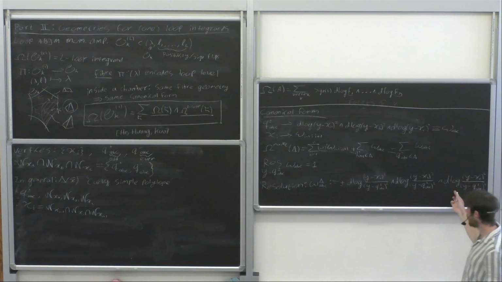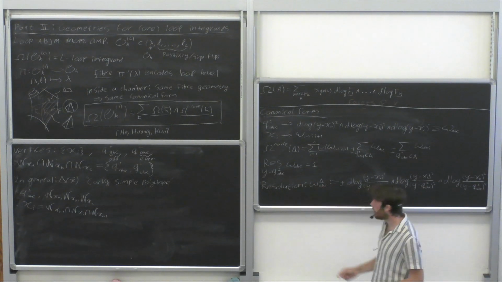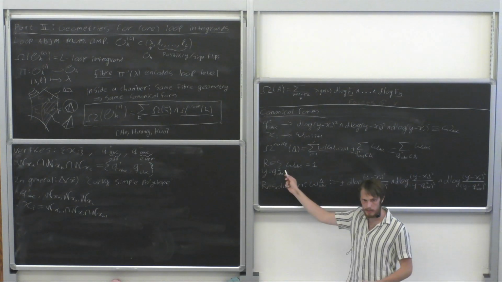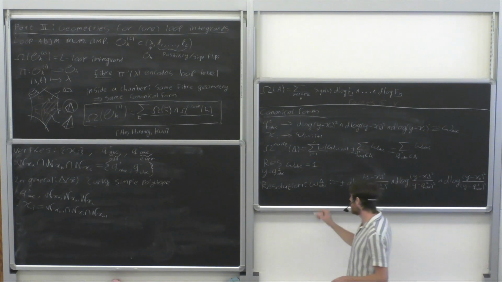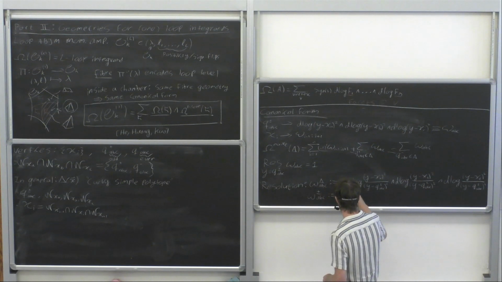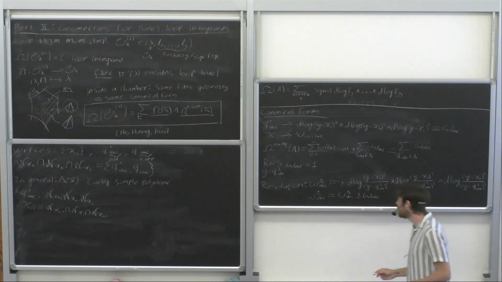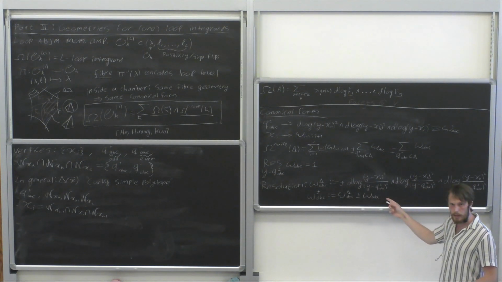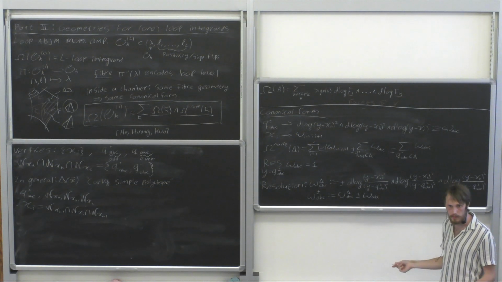So I define this canonical form, omega triangle ABC, which, much like this omega ABC, also has a residue at both q plus and at q minus, but importantly, it will have it with an opposite sign, such that the combination omega plus minus ABC, defined as omega triangle ABC plus or minus omega ABC, will only have a residue at q plus for omega plus and at q minus for omega minus.